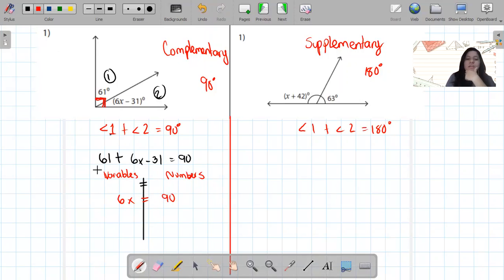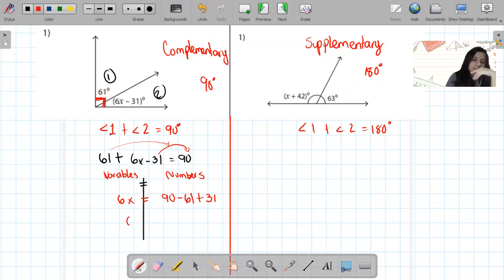But on this side, it's 61 and negative 31, so I need to move them to the other side. I will move 61 to the other side: 61 is positive, so on the other side it's negative. I need to move negative 31 too, so on the other side it's positive 31.